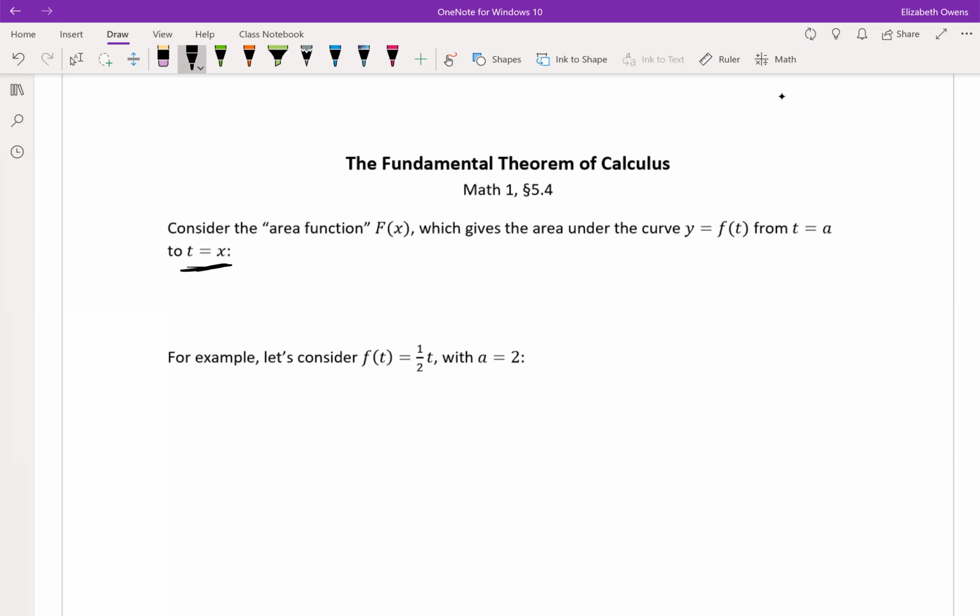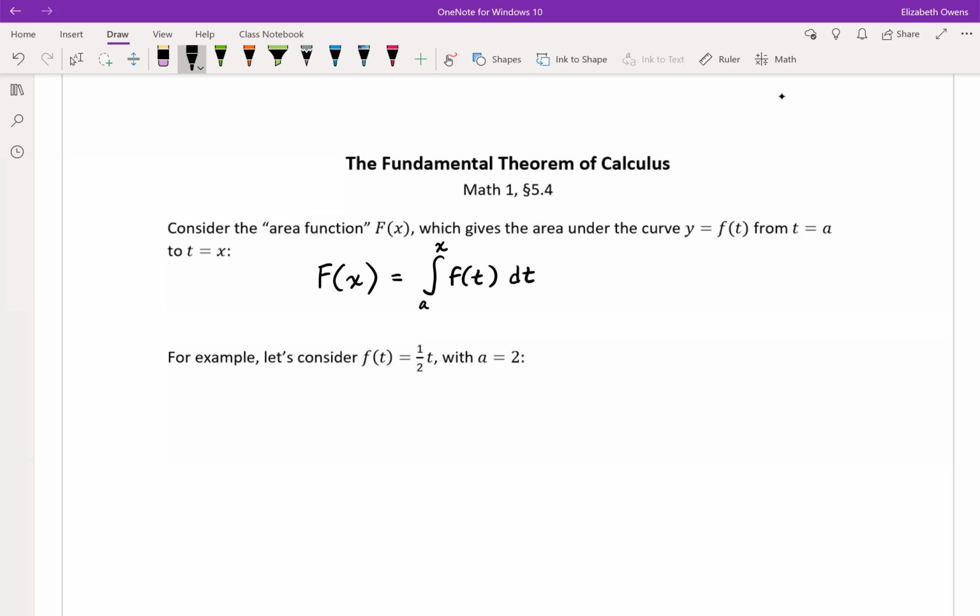So if we want the area under this curve from t equals a to t equals x, that is actually going to be an integral like we've seen in the past couple sections. So our function, F of x, is going to be the integral from a to x of little f of t dt.